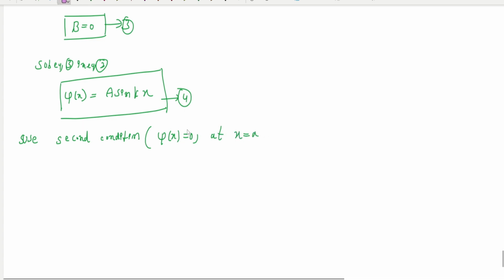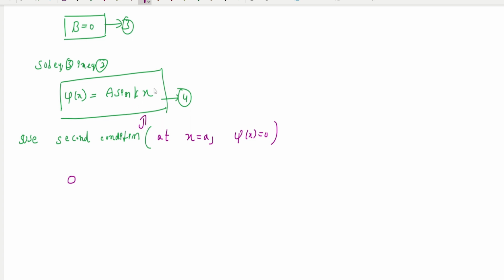So we can use this second boundary condition in equation number 4. Then you can get a sin k into a, right? x equal to a.